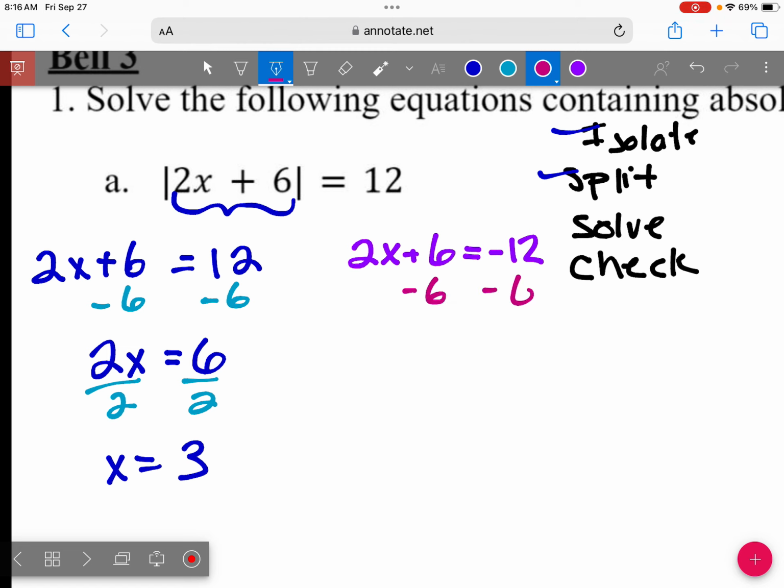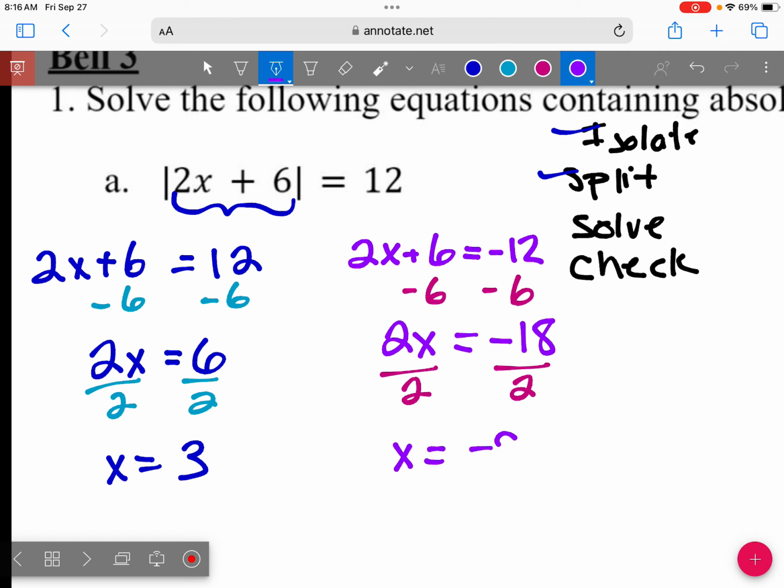Subtract 6. Properly subtracting this time. Woohoo. So we're going to have our 2x equals negative 18. Then we divide by 2 again to get our x equals negative 9. So we've done our solving.